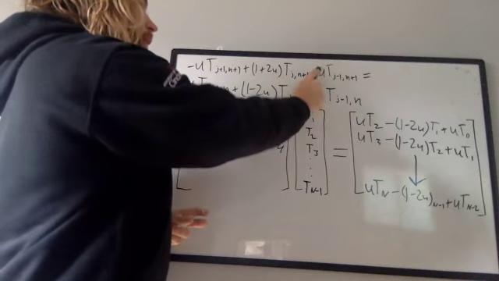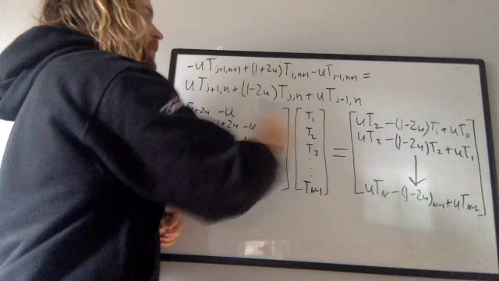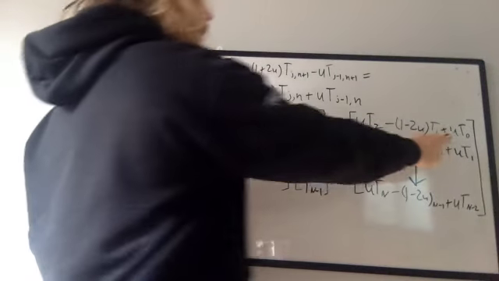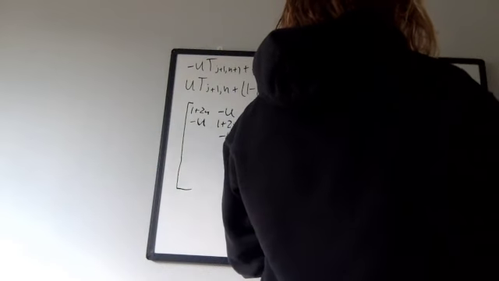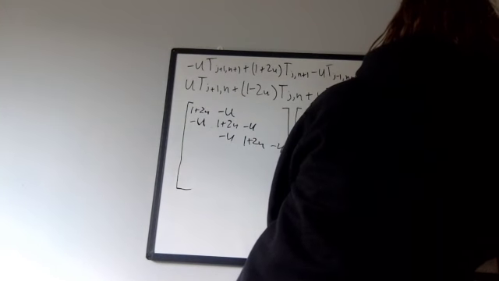Since that's a negative, we add it to this other side, and we get another UT0, which we already have over here. So this actually becomes a positive 2UT0. So we'll write this 2UT0 over here.